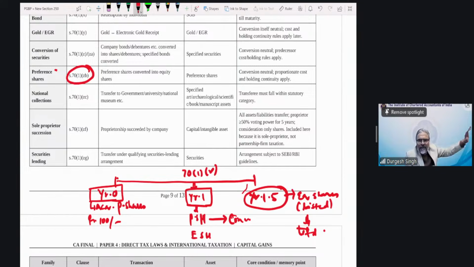Be it the amalgamation between companies, or at the shareholder level, where the shareholder of the amalgamating company is exchanging shares for shares of the amalgamated company. Or for that matter, in your first section 70, the asset was received on account of gift, will, inheritance, succession, all that. Where is the question of monetization? They are not monetizing the asset.